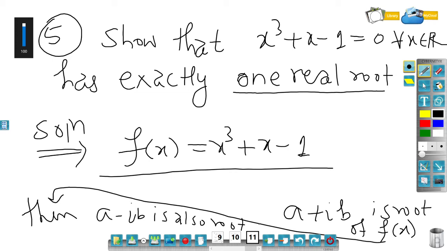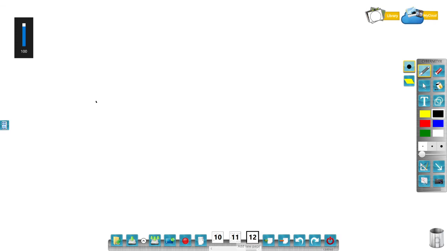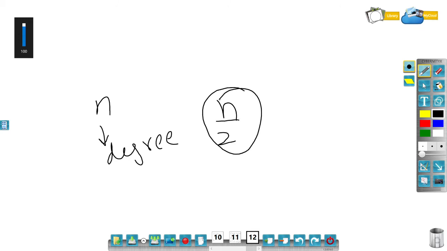So that's a very nice property of a complex number. If you have an n degree polynomial, and you know that all roots are complex, then you need to evaluate only n by 2 roots, because the rest of the roots are their conjugates.